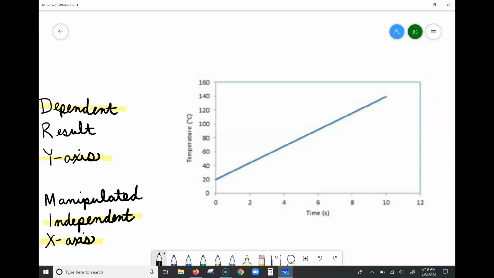Graphs are always titled with the dependent variable first, and it's going to be versus your independent variable. So if we look at our graph, our dependent variable, remember the dependent variable is on the y-axis, is our temperature.